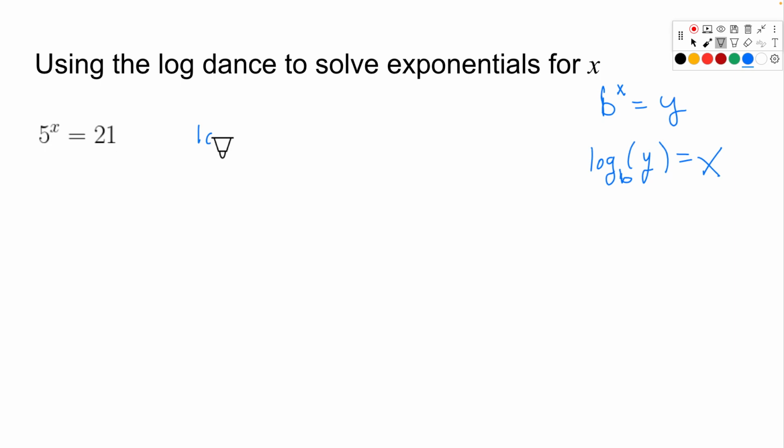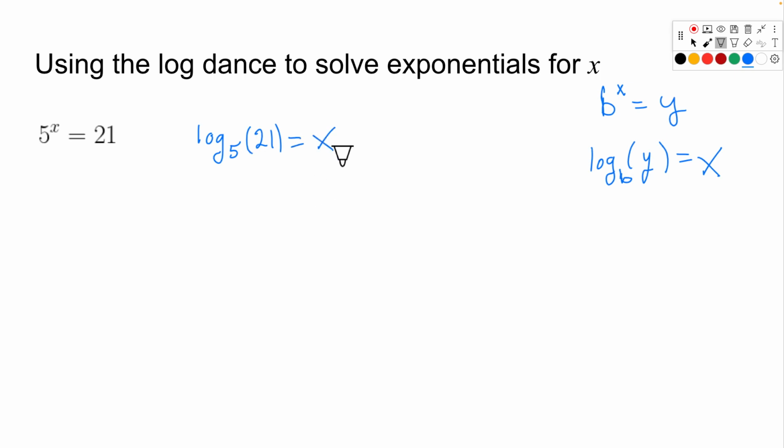We can rewrite this as log base 5, right? The base stays the base, and now these guys have to switch places. The 5 was with the x, so it's now got to be with the 21. It almost looks like 5 to the 21 power, so that's maybe why they did logarithms with a base on it. Log base 5 of 21 is now going to be equal to x.